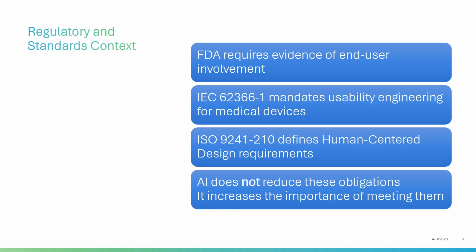And there is a bunch of regulations around healthcare systems and devices. The FDA requires evidence of end user involvement when we are designing things, especially if they are going to be considered medical devices. And there are specifications for when software is a medical device, because depending on the type of recommendation or the type of output that we have in the system, the FDA may consider this a medical device, and it requires similar evaluations to those we do for medications or other products.